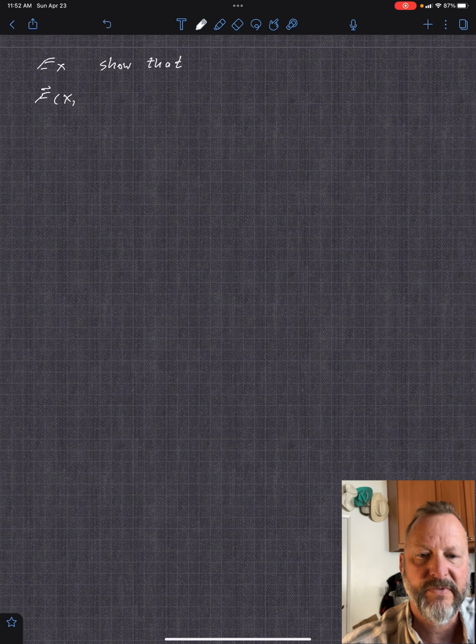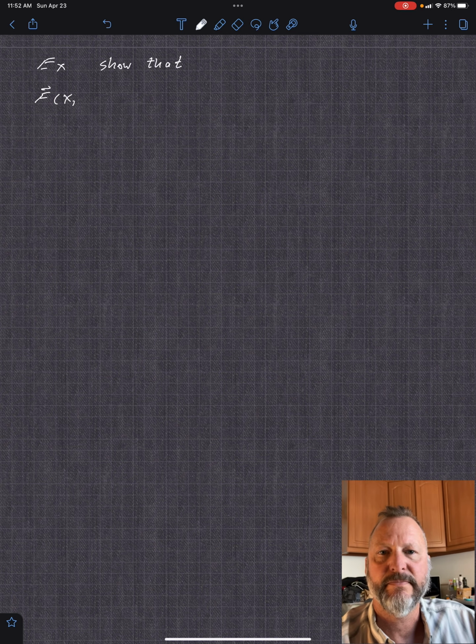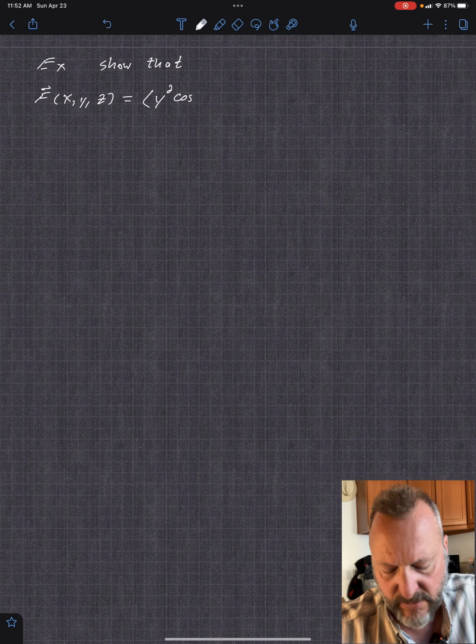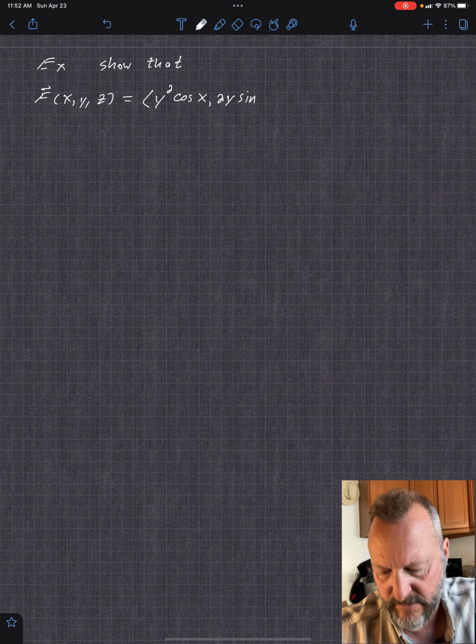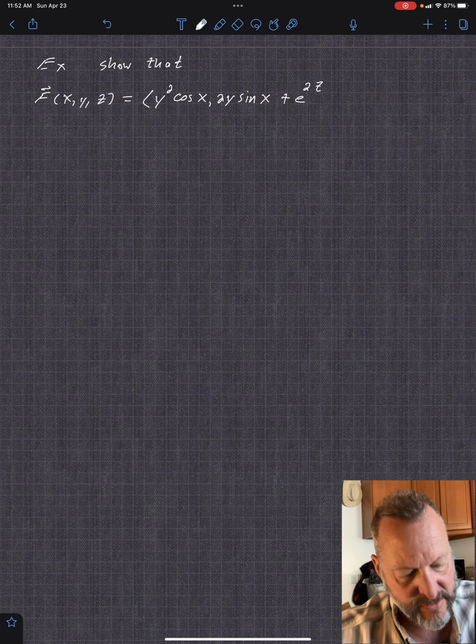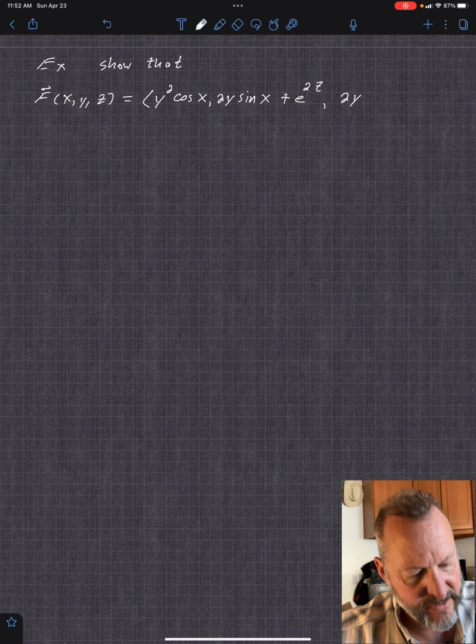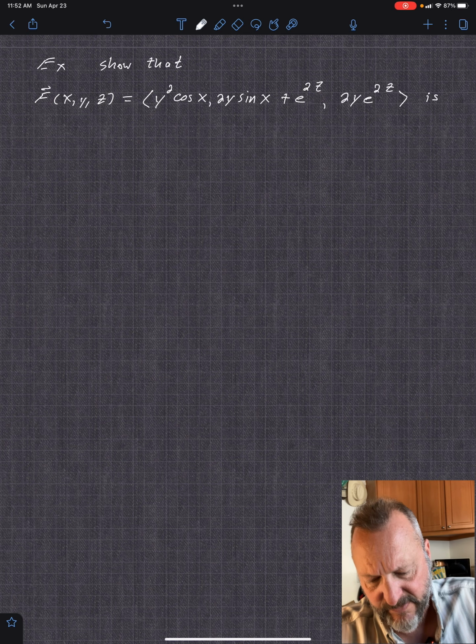capital F of x, y, z equal to y squared cosine x, 2y sine x plus e to the 2z, 2y e to the 2z is conservative.